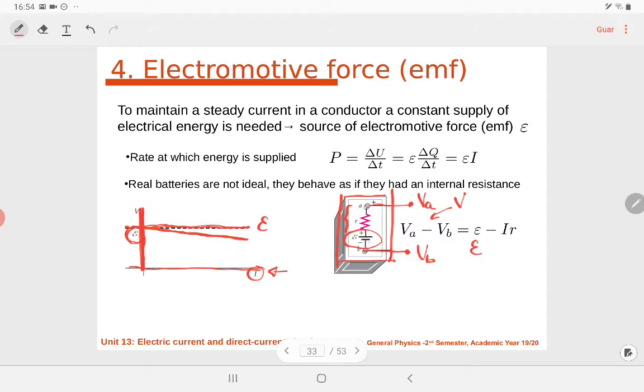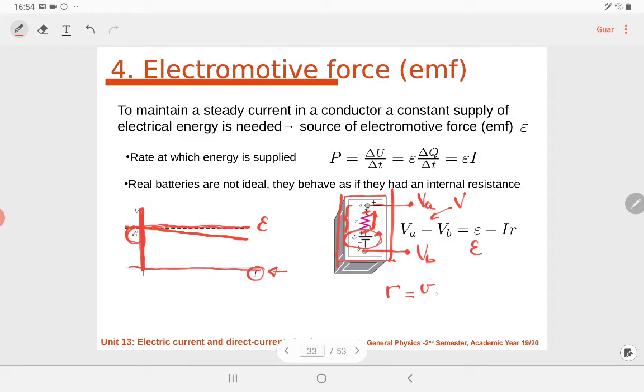This is the increase of potential for a charge flowing through this battery, minus the potential drop in this resistor. To know what the potential drop in that resistor is, we just have to remember Ohm's law. Ohm's law stated that the resistance, which we're going to call small r here because it's really not very big, is equal to the difference of potential between these two points.